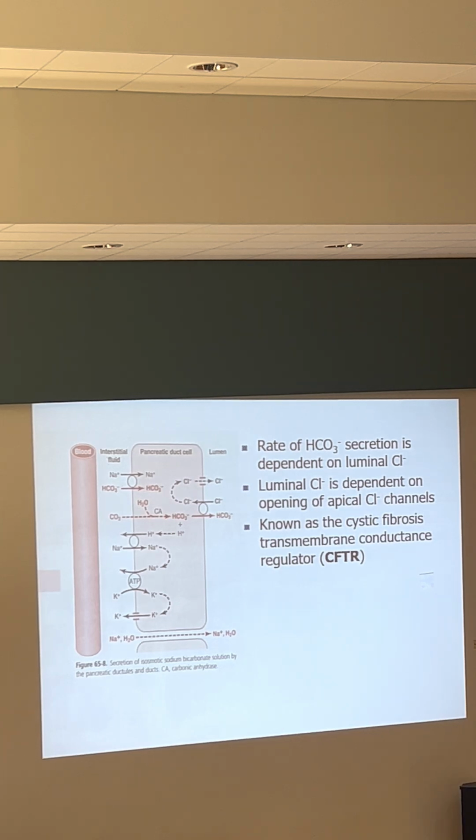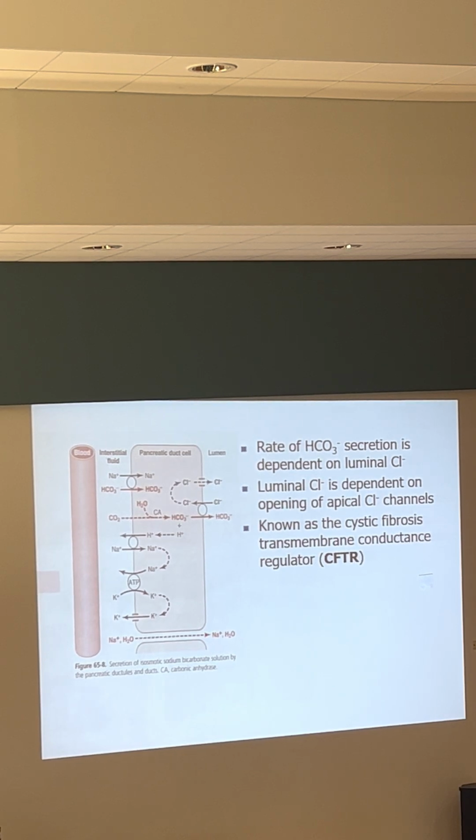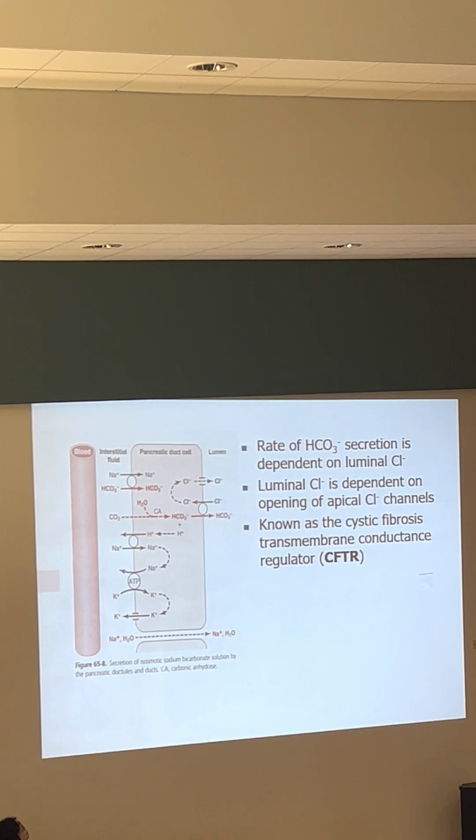This is a very important channel that allows chloride ions to move into the lumen and then be exchanged again with bicarbonate. So you see the chloride movement in, and then you see, of course, the movement of your bicarbonates into the lumen. Right? You need that exchange to take place.